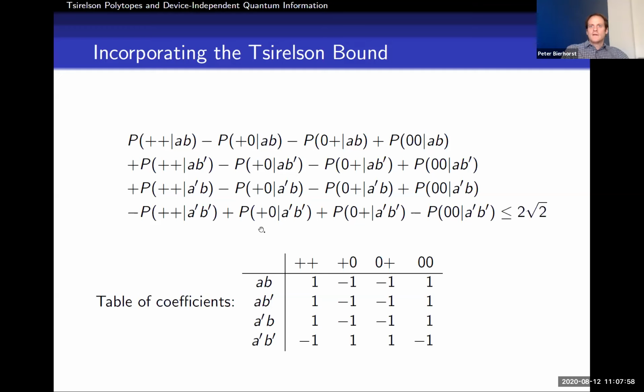And what does a constraint like this look like? Turns out that it's a hyperplane. It defines a half space. It cuts R16 right in half. And then half the points in R16 are less than this amount, and half of them are more than this amount. And that's going to chop off a corner of our no signaling polytope.